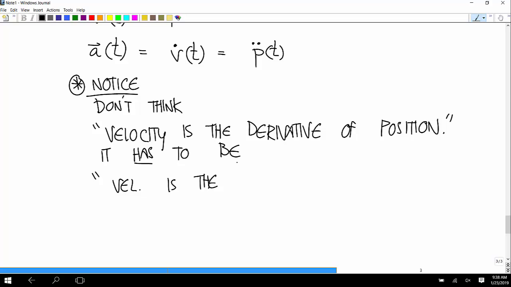If you're given the velocity as a function of something other than time, that would make it a lot easier to take the derivative with respect to that other thing. That doesn't change the definition of velocity. So velocity is the derivative of position with respect to time.